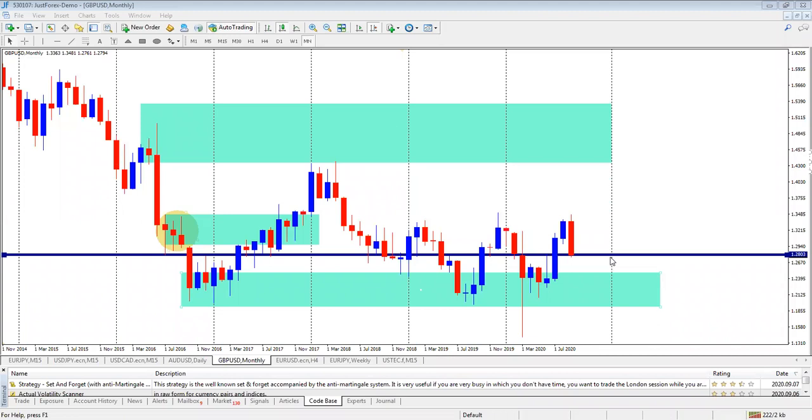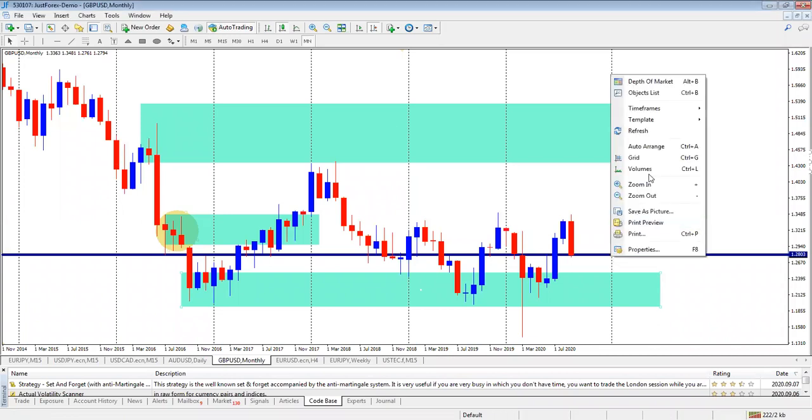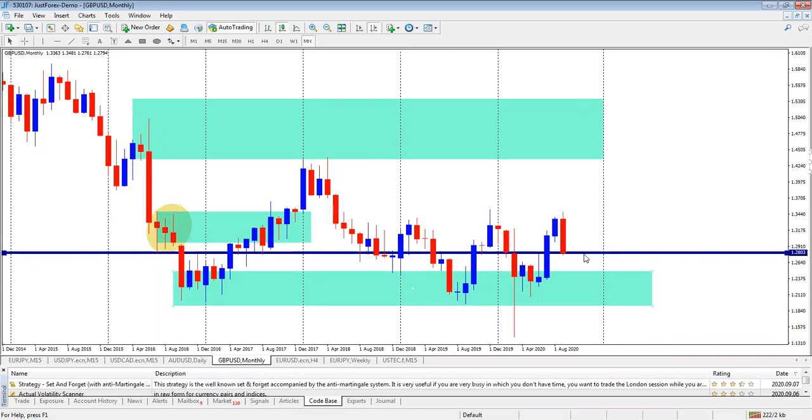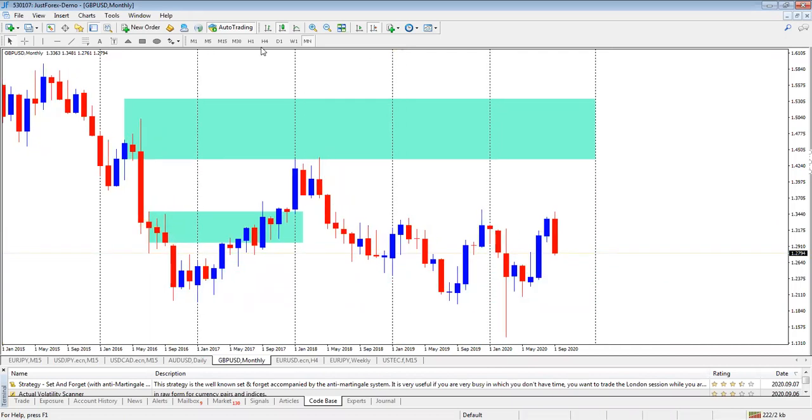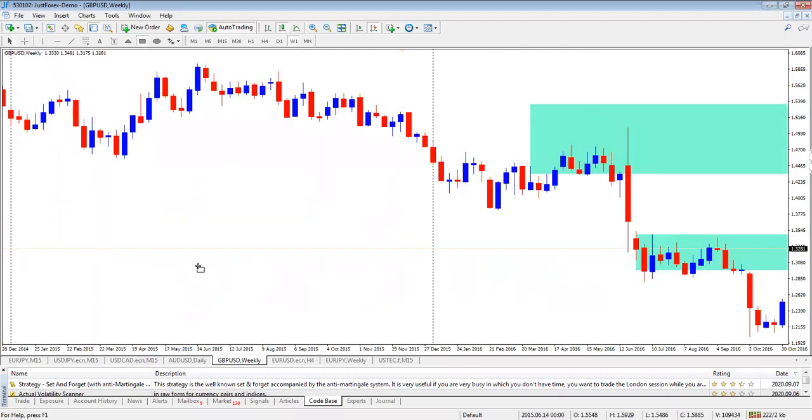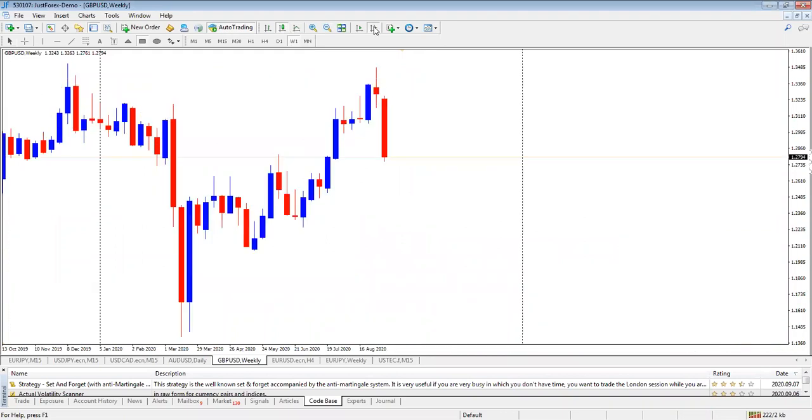So let us move on to the weekly chart. I hope this one can be hit here now. Okay, from the weekly, what is happening now? You have a question?